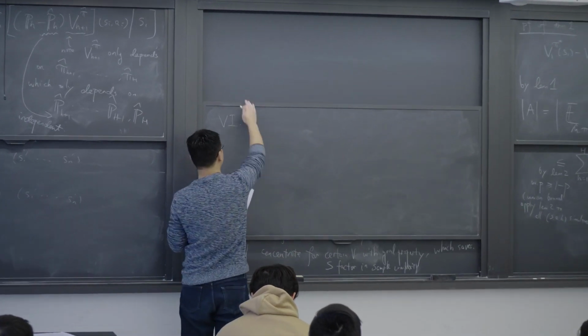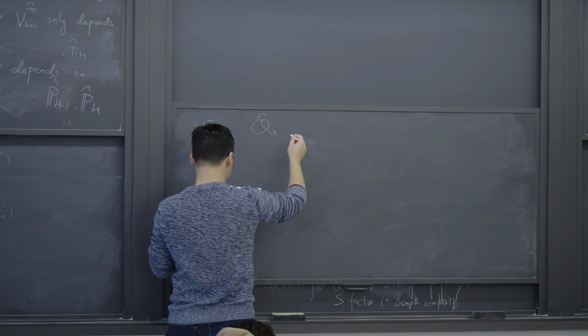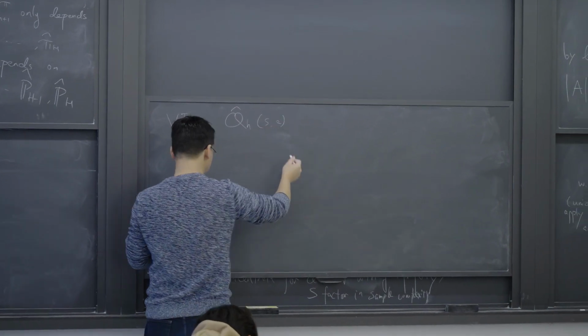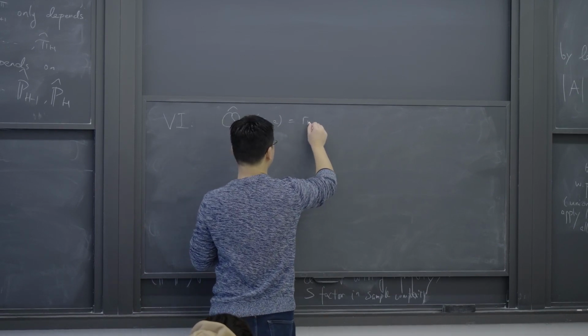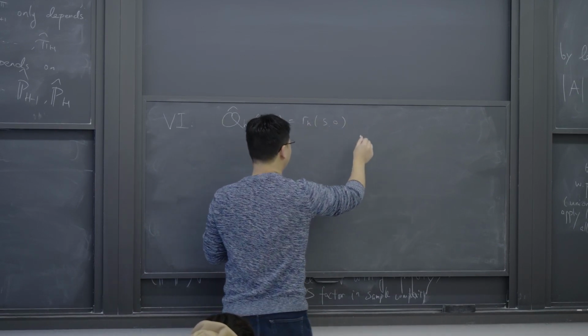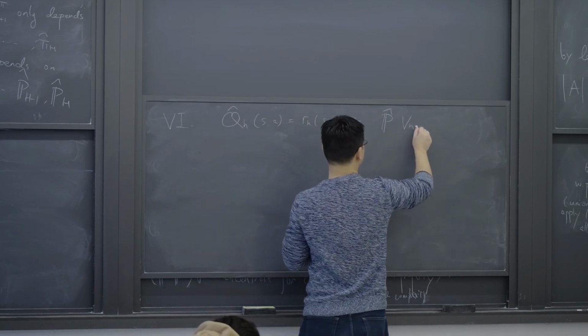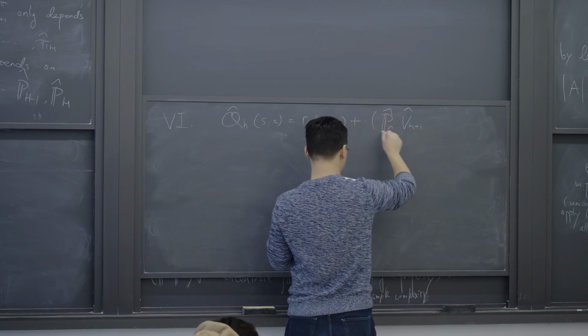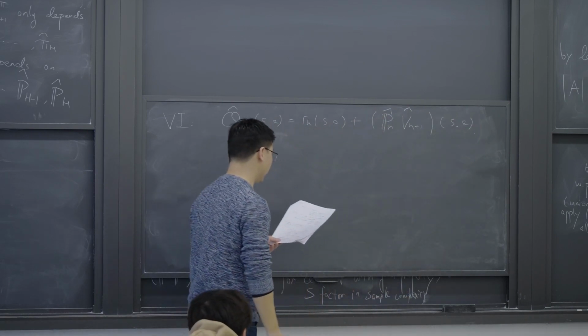Value iteration essentially follows the Bellman optimality equation, where Q hat h(s,a) is equal to r_h(s,a) plus P hat V hat. Essentially, this is the key update equation.